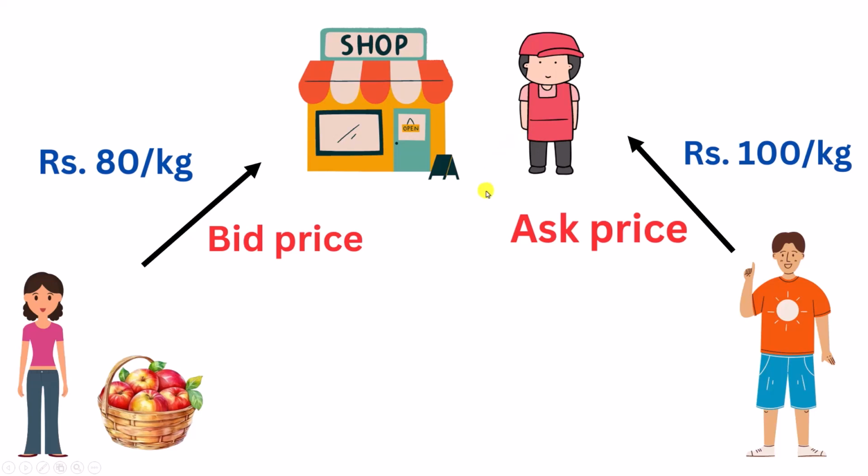Now let us move to the world of Forex. In the Forex market, you will see something like this. This is the currency pair, USD INR. This is the base currency, this is the quote currency. You already know that, correct? With the currency pair, you will see two prices. This is one price, this is one more price. This is the bid price and this is the ask price.